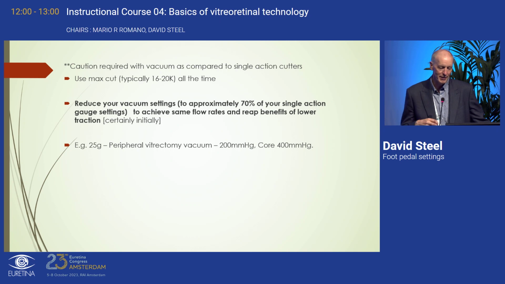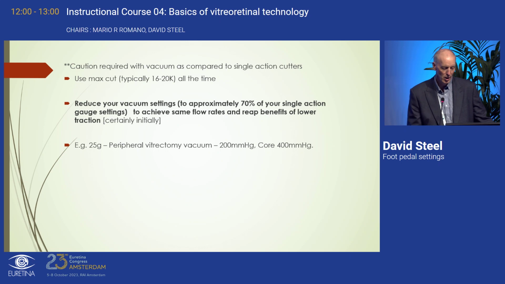And the significance of that, as I asked Tommaso about initially, was if you go from a single action cutter to a dual action cutter, to get the same flow rates, you need less vacuum. So roughly speaking, for most cutters, it's about 70% of the vacuum settings you need on dual action cutters compared to single action cutters to get the same flow rates. It varies by what media you're in, whether you're in BSS or vitreous, and what the vitreous viscosities are like, but it's more or less in those terms.